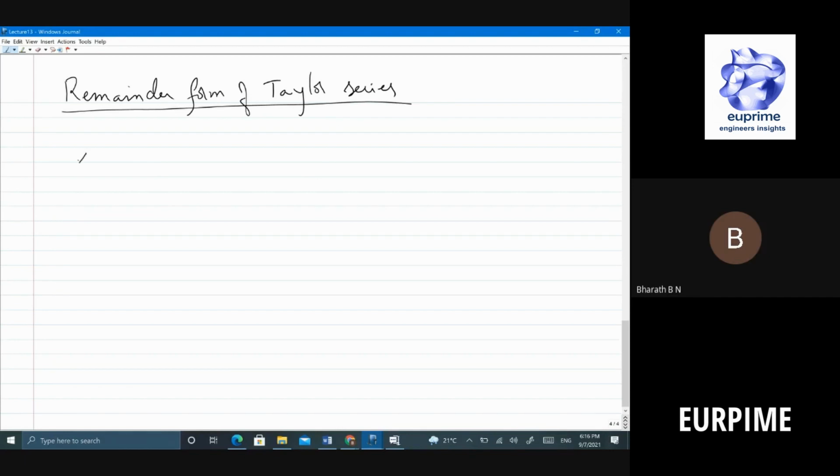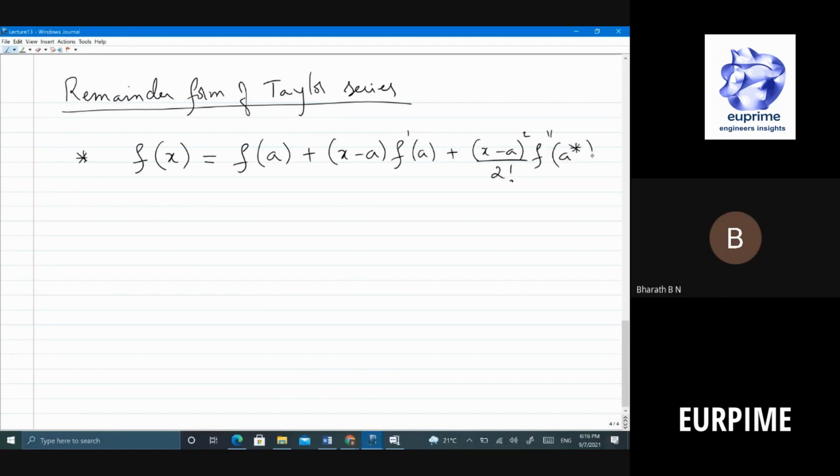I'll write the scalar version first. So for example, I'm looking at f of x. It's a mapping from R to R. I can write this around a as f of a plus x minus a into f dash of a plus x minus a whole squared by 2 factorial into f double dash of a star, for some a star in the domain of f.